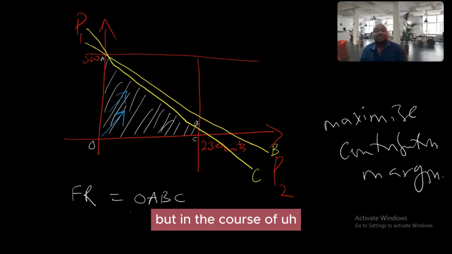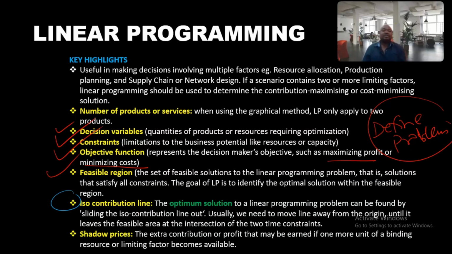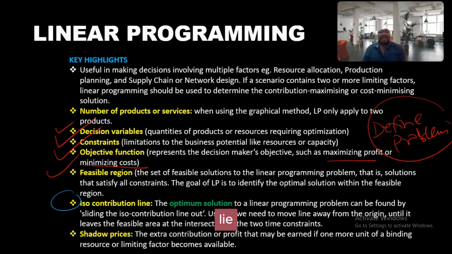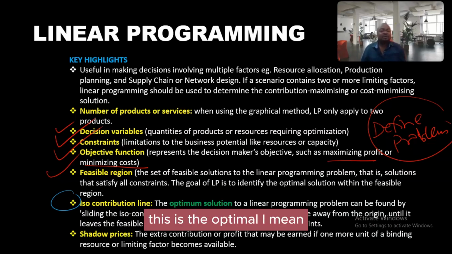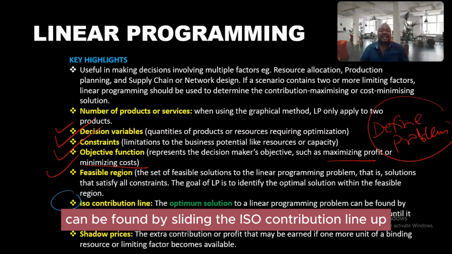But in the course of this theory of linear programming, there is an animal called the ISO contribution line. Usually, the examiner is going to give you this contribution line. The optimal solution to a linear programming problem can be found by sliding the ISO contribution line up.